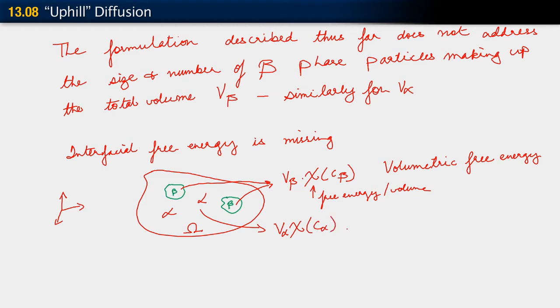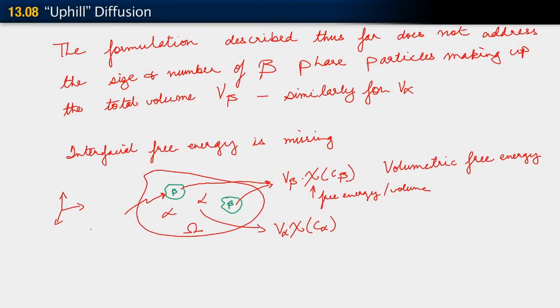What is missing is the idea of an interfacial free energy, which arises every time you have an interface between alpha and beta. The physics tells us, and chemistry also tells us, that every time you have an interface between materials, there is a certain free energy associated just with that interface.